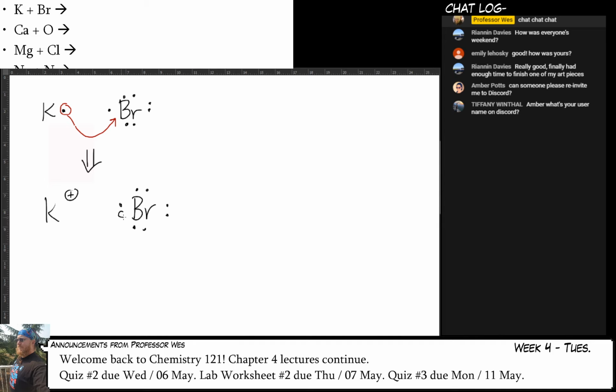And then this, which I'm drawing in a hollow circle here, is the extra one that potassium passed over. It's got 1 more electron than it started with, so now this is its charge. So I would form an ionic compound between potassium and bromide. Since I only had to pass 1 electron over to get everyone an octet, I only needed 1 of each element, so the ionic compound that I form is KBr.